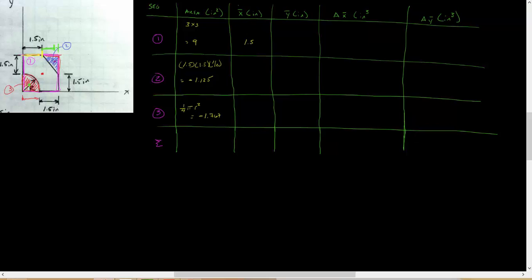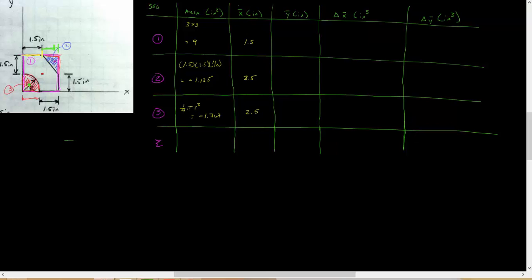And it'll be the same thing for y bar, coming up 1.5, going 2/3 of 1.5, so you're adding 1.5 plus 1, which is 2.5.